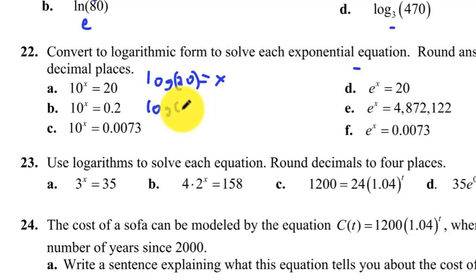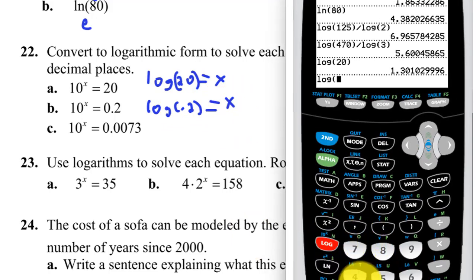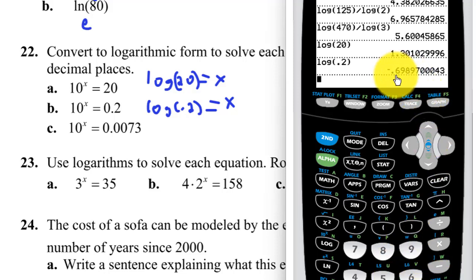Let's see, log base 10 of 0.2 equals x. And again, I would just put in my calculator log 0.2, and here's my answer. We get negative 0.69897.